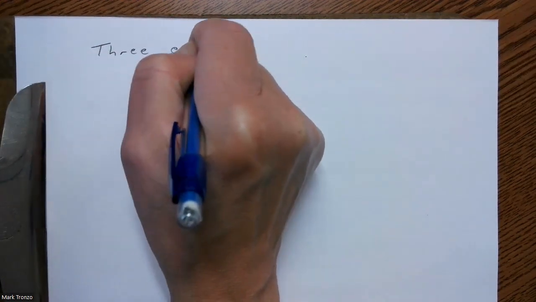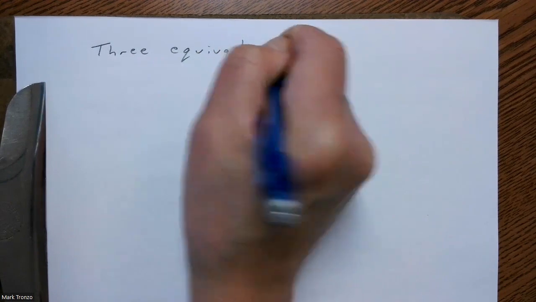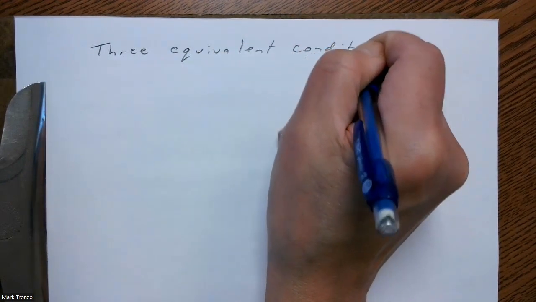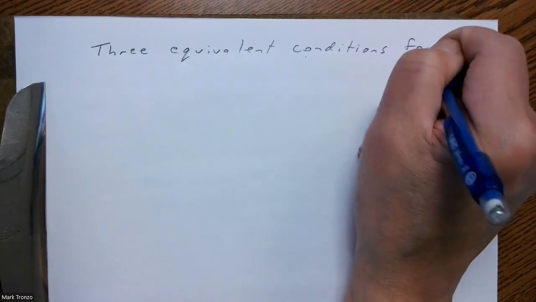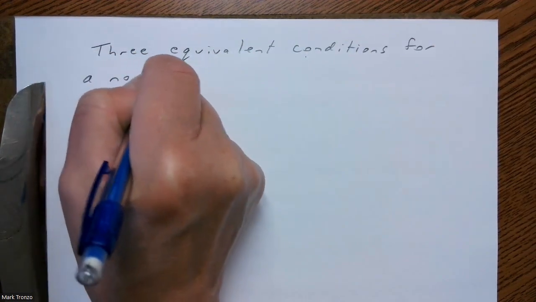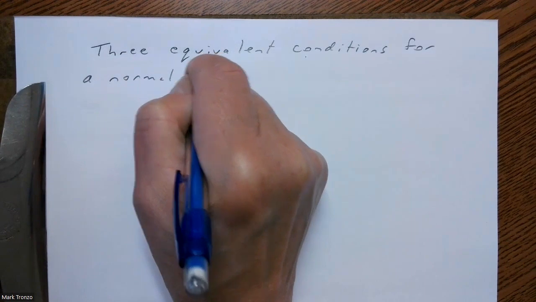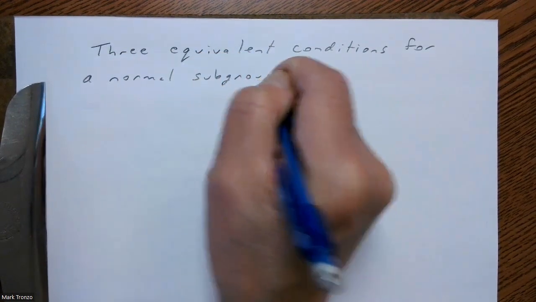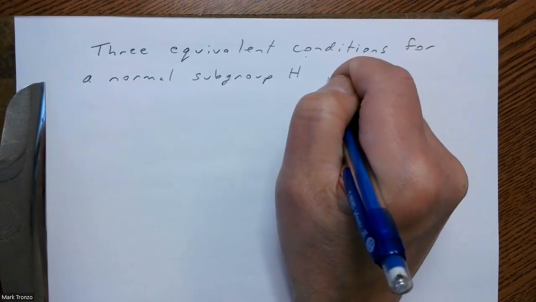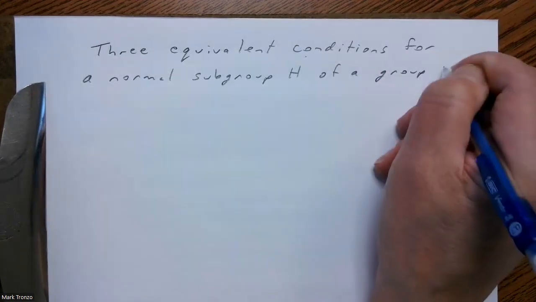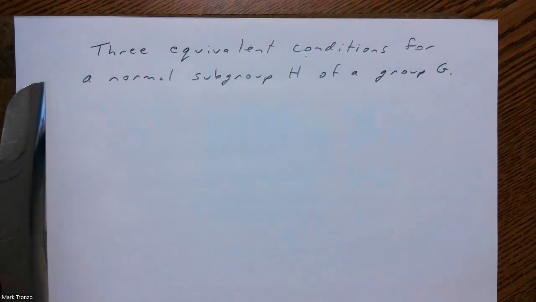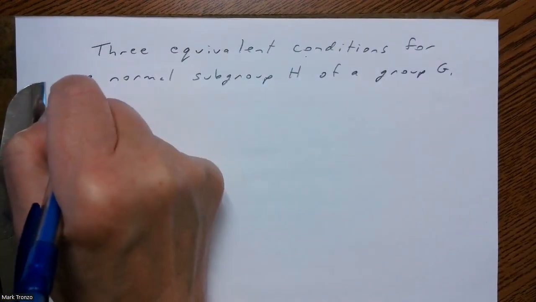So these are equivalent conditions for a normal subgroup H of a group G. A lot of times they'll say the following, you'll see this in math a lot: the following are equivalent.